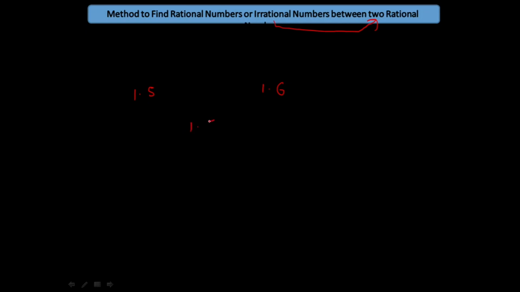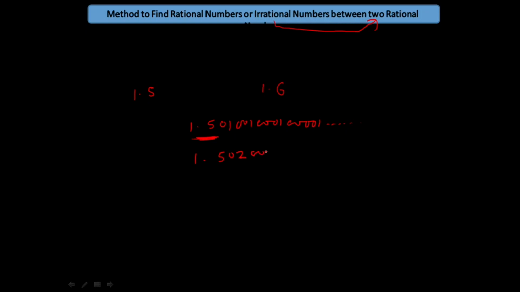So that will be 1.5010010001 and so on. This is a non-terminating, non-recurring number. That's why this is an irrational number, and this number exists between these two numbers. That's it.